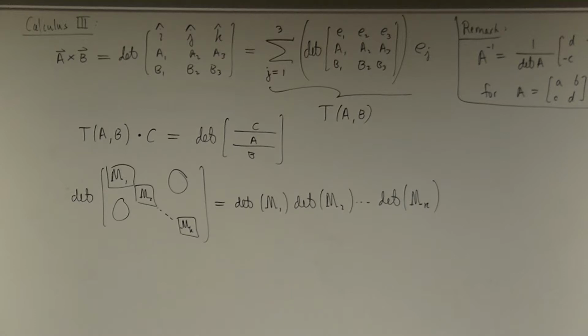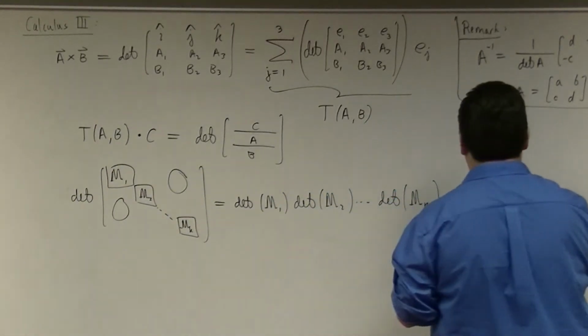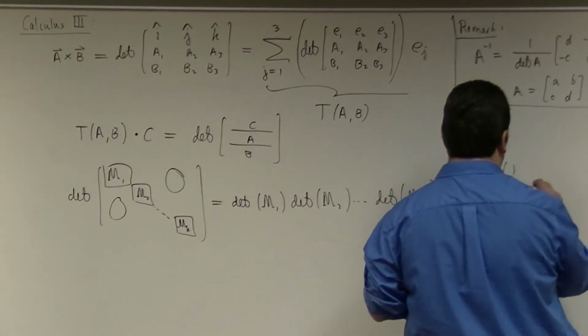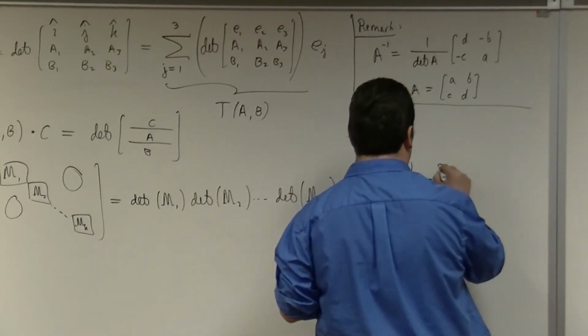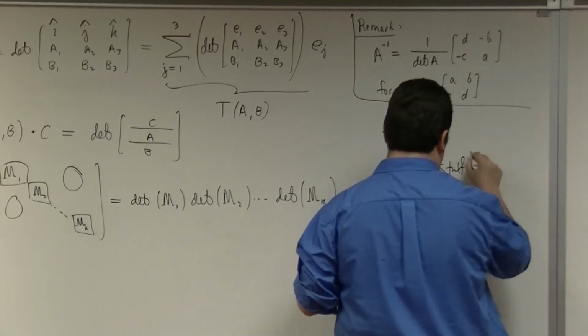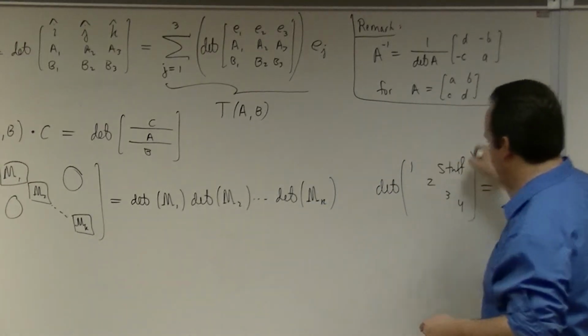But there are other results. For example, the determinant of either an upper triangular or a lower triangular matrix is, again, just the product of the diagonals. So those are some special cases. If you ask me what's the determinant of 1, 2, 3, 4 with stuff above, I don't care what the stuff is.